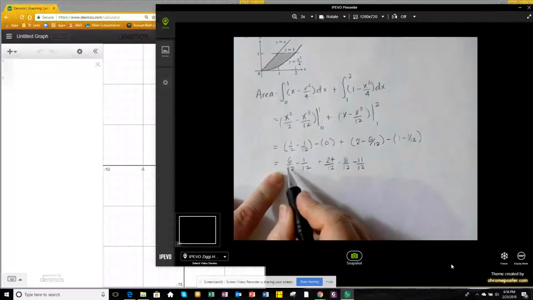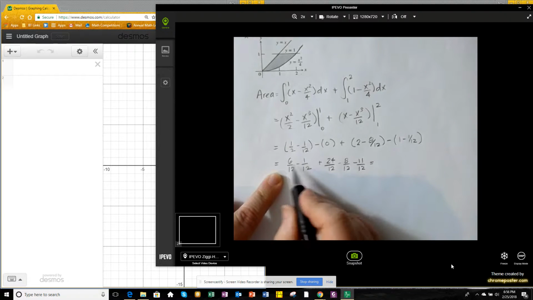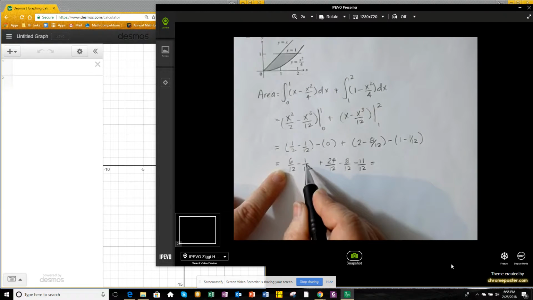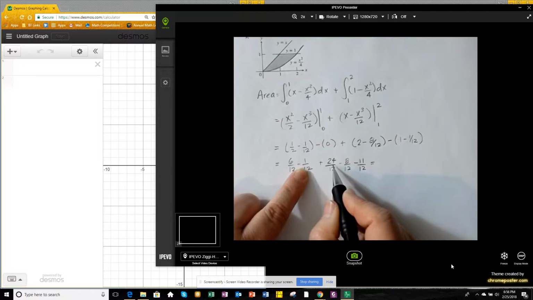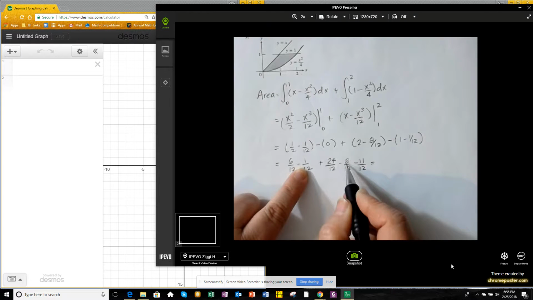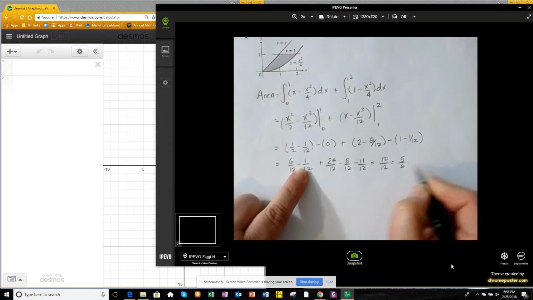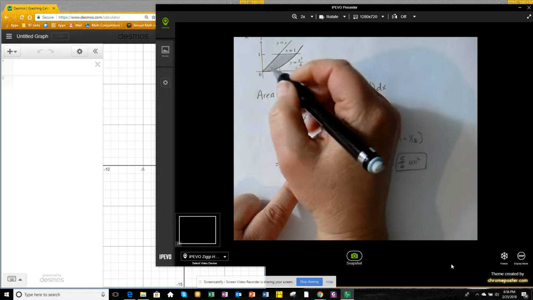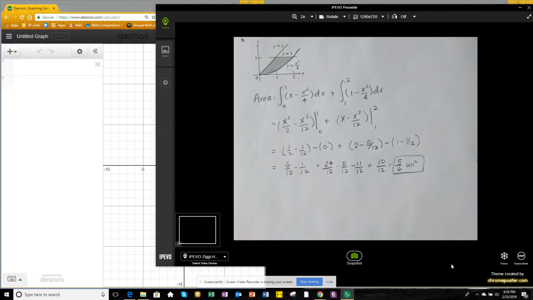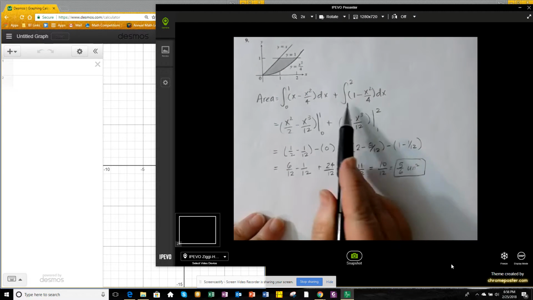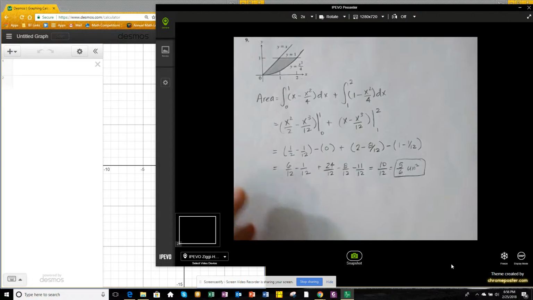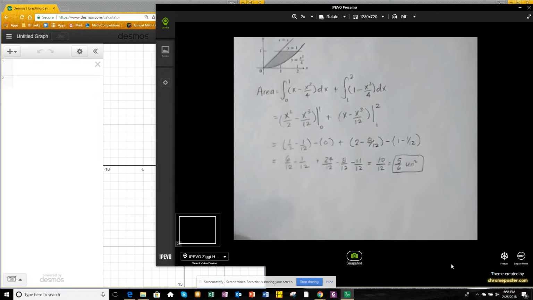And this means when we add it all up, that's going to be 6 minus 1 is 5, and 24 minus 8 is 16, so that's going to be 16 plus 5 is 21. 21 minus 11 is 10/12, which is equal to 5/6 units squared. And the key to this problem is that we have two different upper functions, so we have to integrate using two different integrals, going from 0 to 1 and then from 1 to 2.